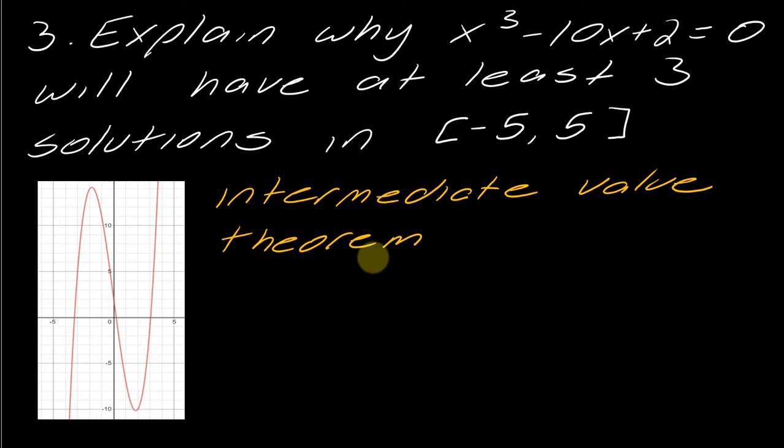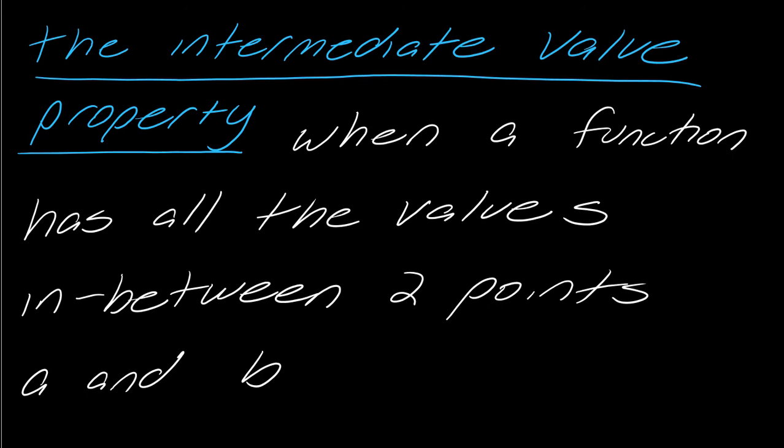Okay, so I have the graph here actually, so that is going to make this much easier. So the intermediate value theorem says really two things. Well, okay, I said theorem, but it's a property. So a function has the intermediate value property when it has all the values in between 2 points a and b.